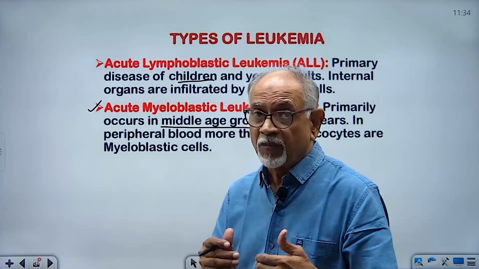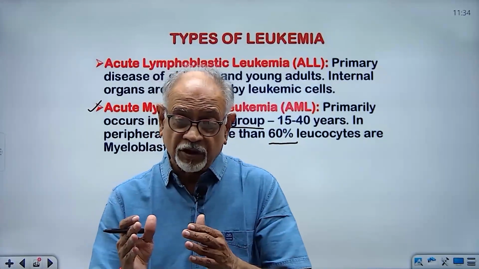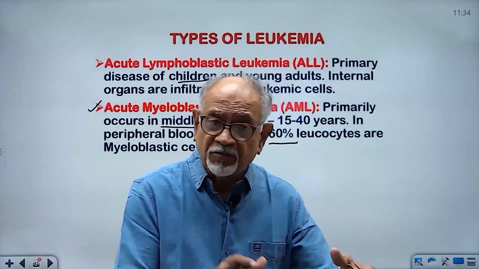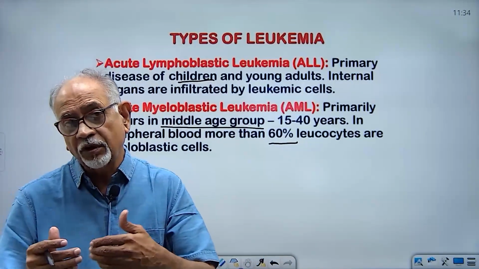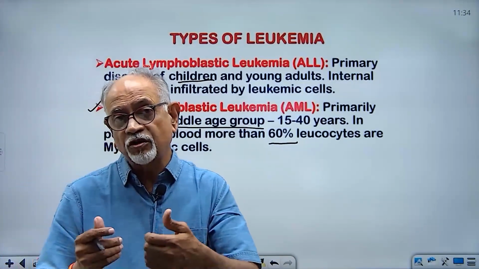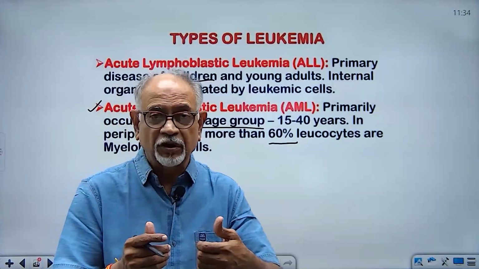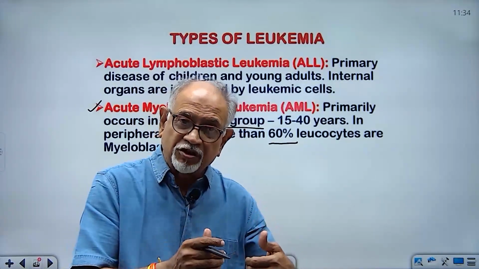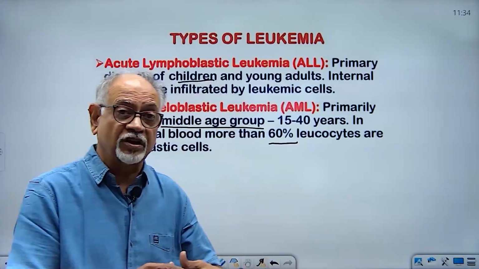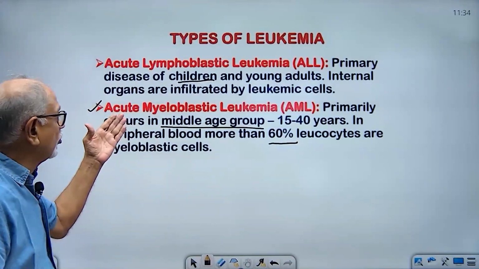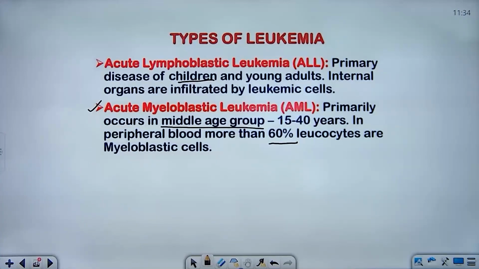We call them myeloblast cells, and in normal condition they do not come into the peripheral blood. But here, since their production is more, these immature myeloblastic cells, rather than getting matured into different types of leukocytes, enter into the circulation, and that condition is called acute myeloblastic leukemia.